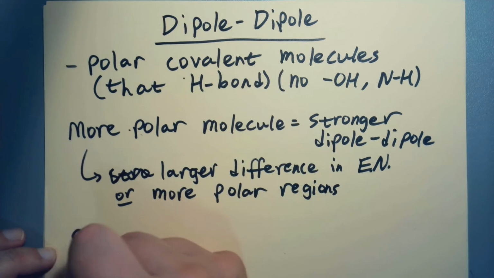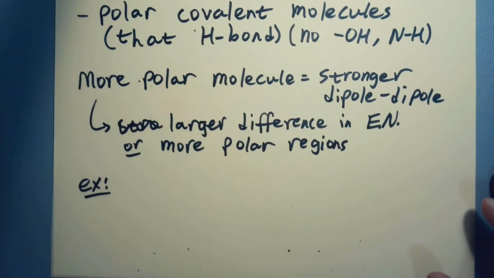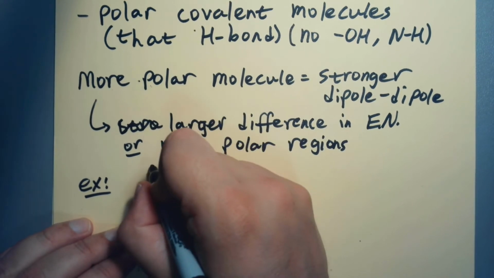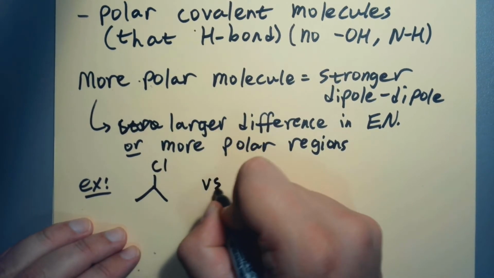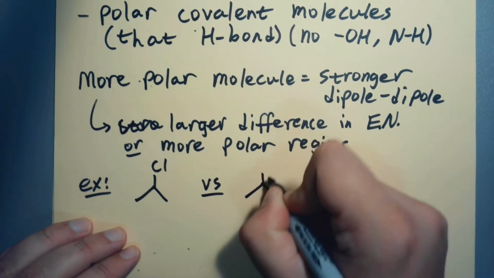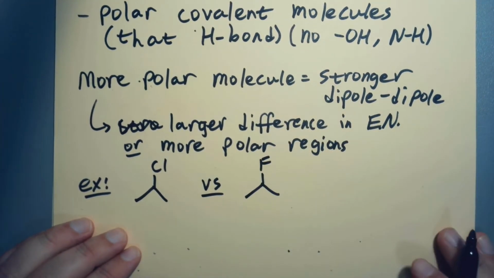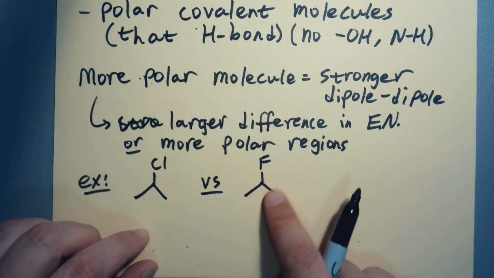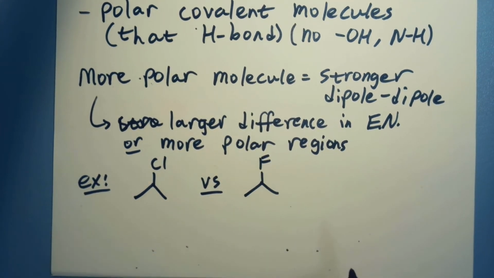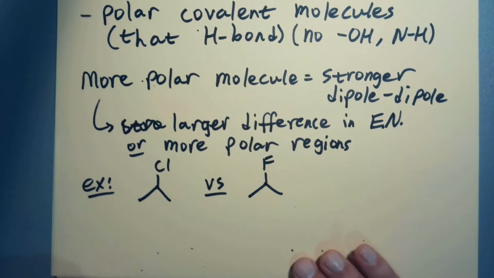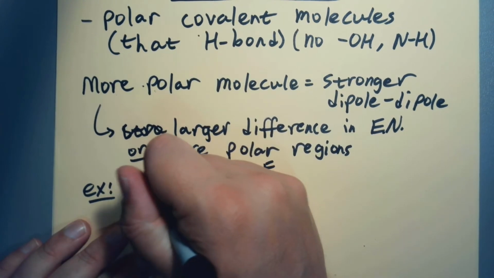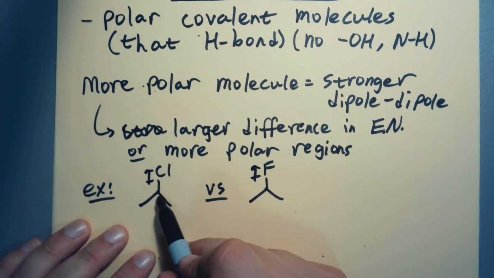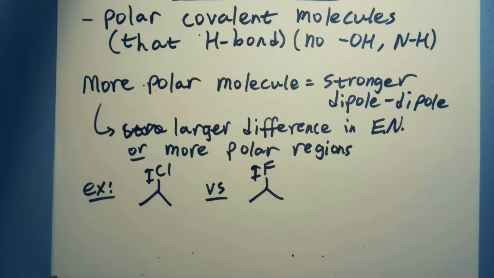So for example, we're going to break this down. Let's say we have, and I'm using line drawings, 3 carbons where the middle carbon is bonded to a chlorine, and 3 carbons where the middle carbon is bonded to a fluorine. These are both polar molecules. They're going to have dipoles that look like so, because chlorine's more electronegative than carbon, and fluorine's more electronegative than carbon.